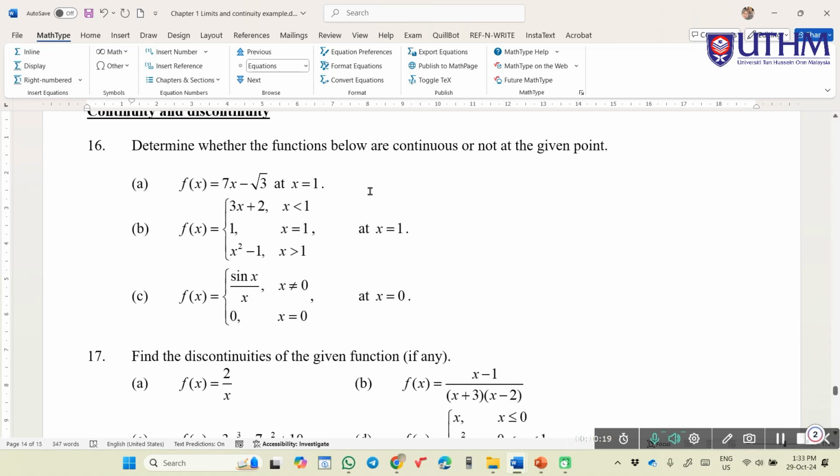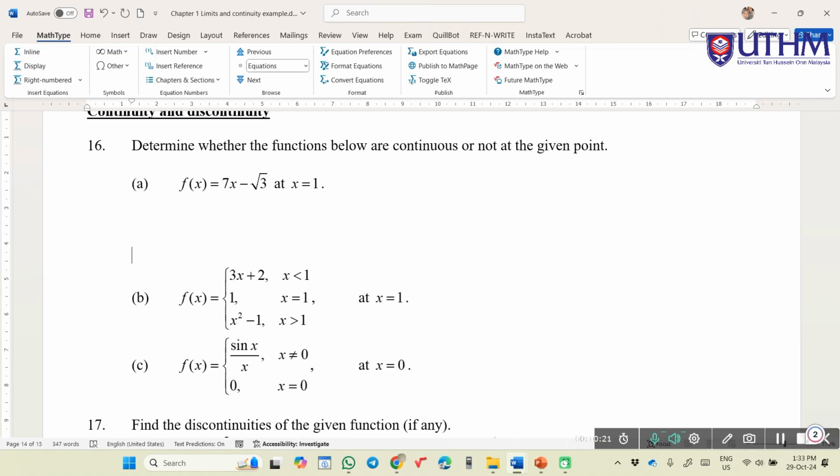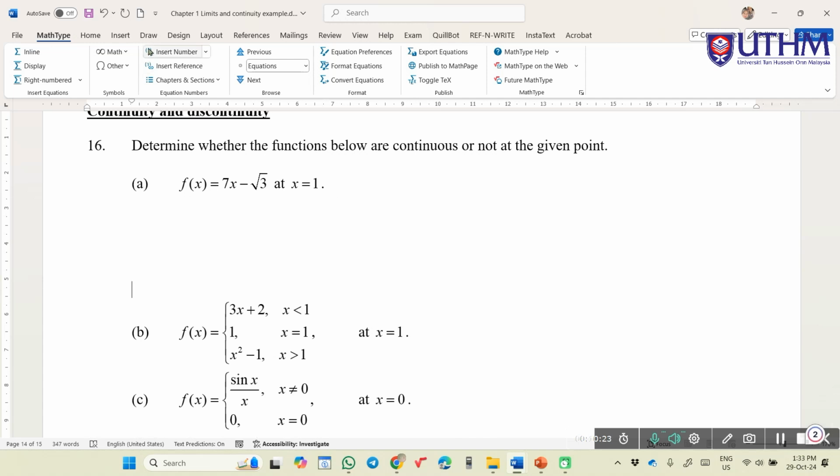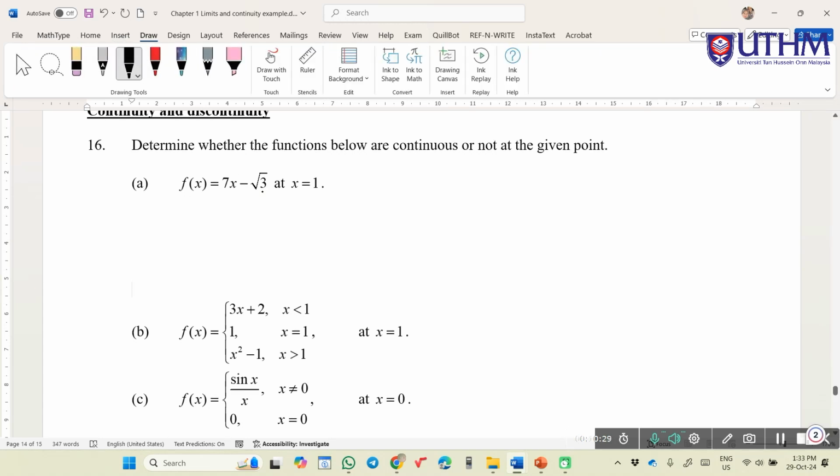If we look at example A, we have this type of function. This is actually a simple function. We want to know whether this function is continuous or not at x equal 1.